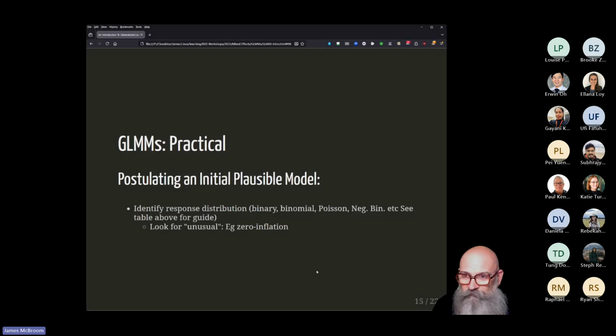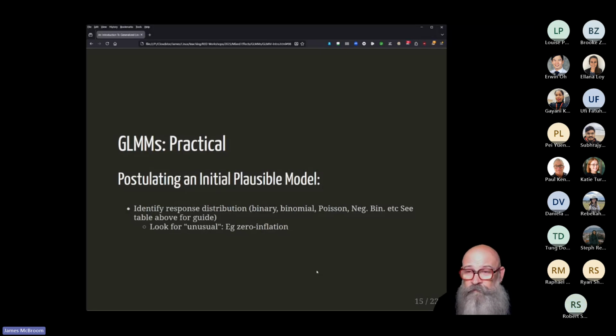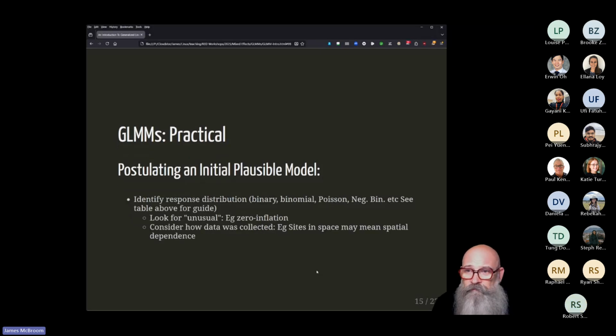Now, figuring out whether you've got zero inflation is usually something you do after you fit the model, but sometimes you can pick that it might be something that needs to be considered prior to running the models. Consider how the data was collected.